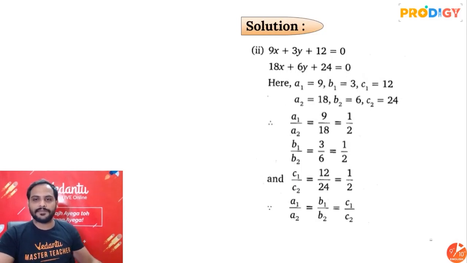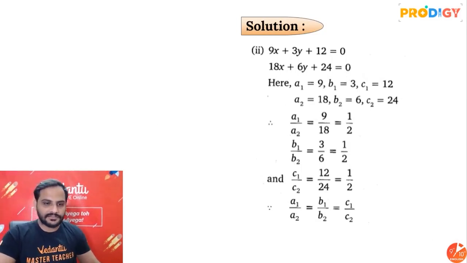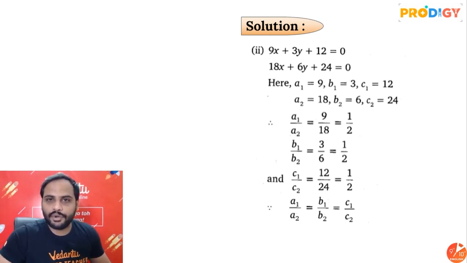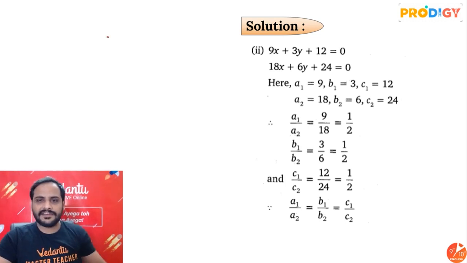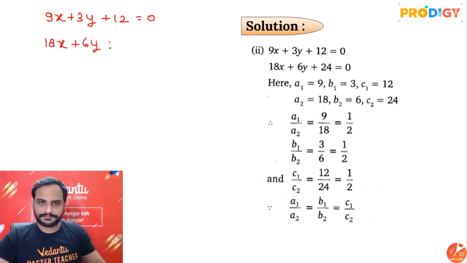One more thing. If you notice in these coincident lines, these two equations are moreover the same. They are at the end the same equation. First equation is 9x plus 3y plus 12 equal to 0. Second equation I have 18x plus 6y plus 24 equal to 0.